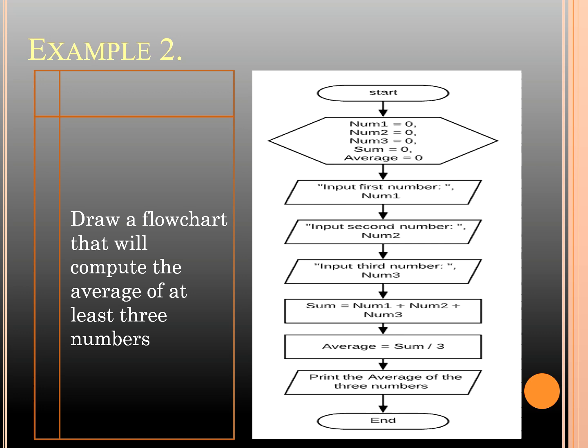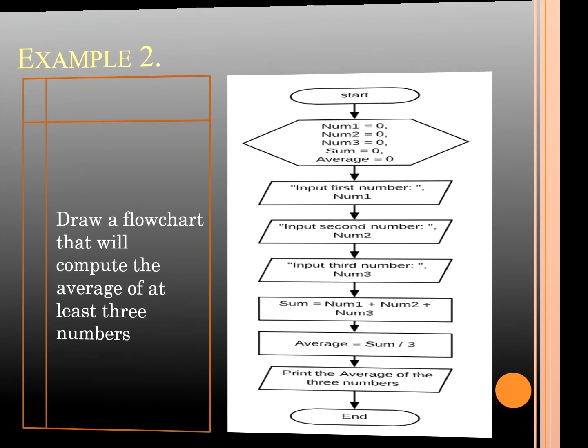So to get the sum of the number, we should put the formula sum is equals to num1 plus num2 plus num3. Then after getting the sum, we need to get the average, and to get the average, we need to arrive to the formula average is equals to sum divided by the three numbers. Then print the average of the three numbers, then end the process.